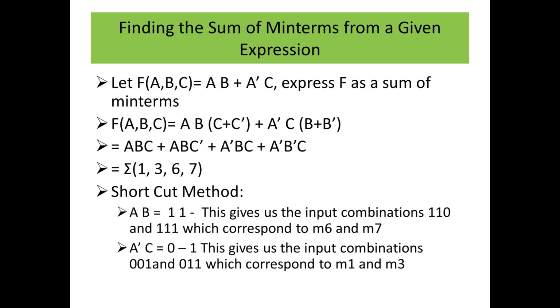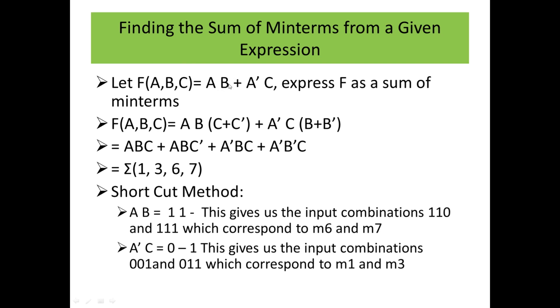So next, here I have an example. Okay, students, just see here. F of ABC is equal to AB plus A bar C. Express F as the sum of min terms. Now let me tell you. AB is a product term but not a min term. Why?